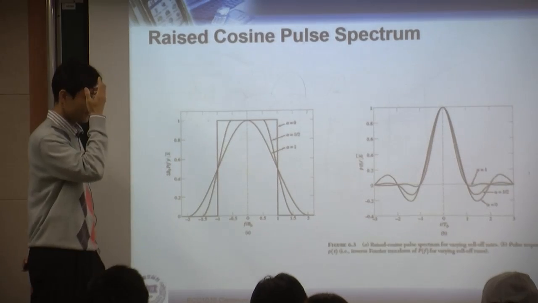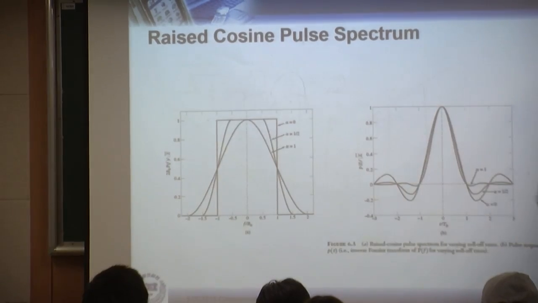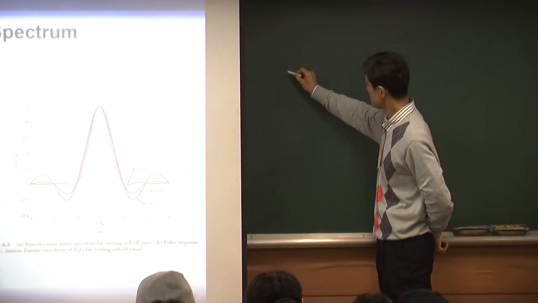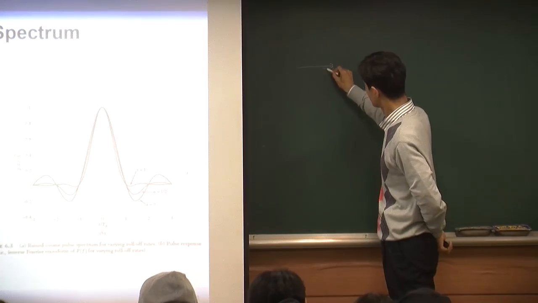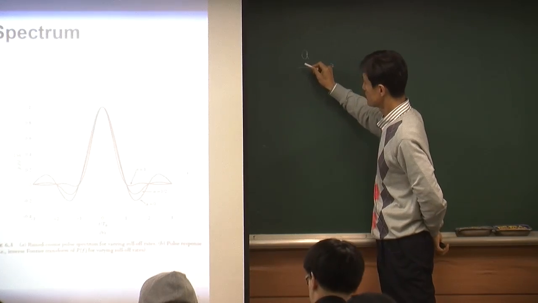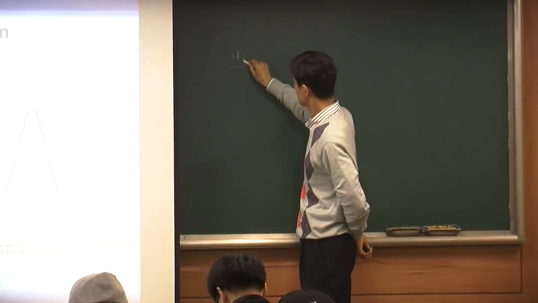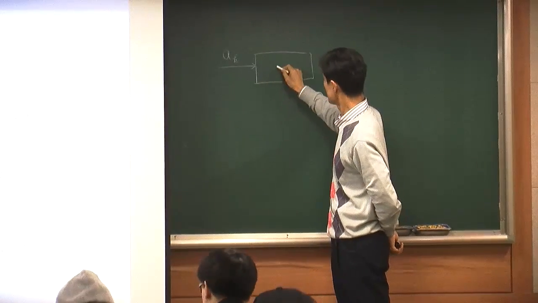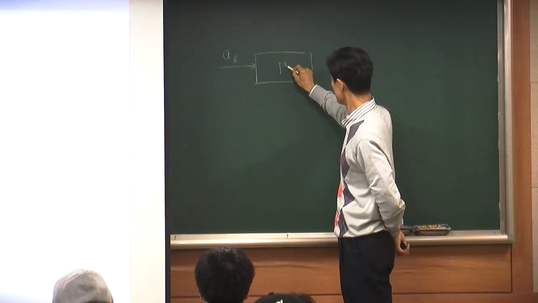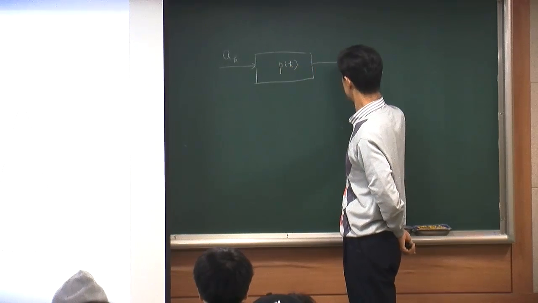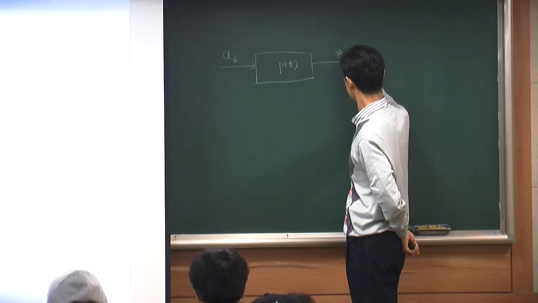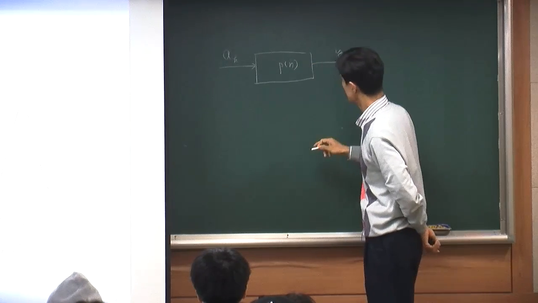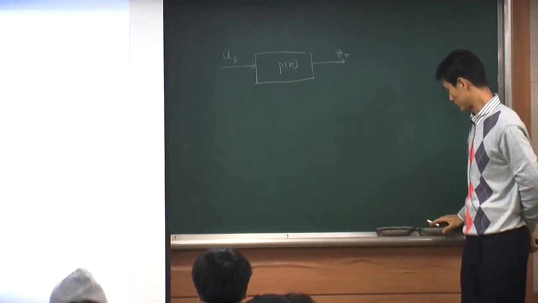So let's think about this way. Let me summarize the picture here. So we have an input, and as we said, we have a pt, we have yn. Let's call this pn. So we have this block, right?